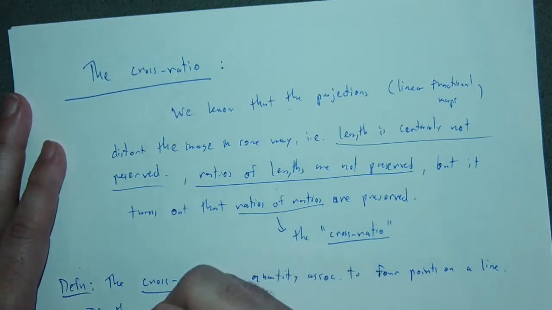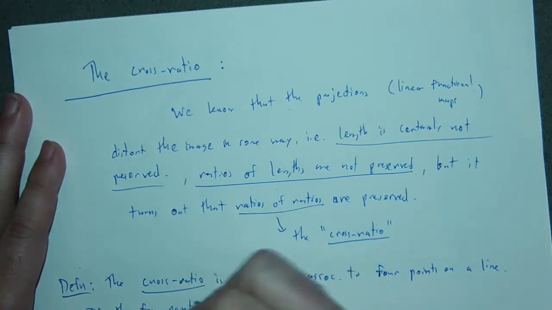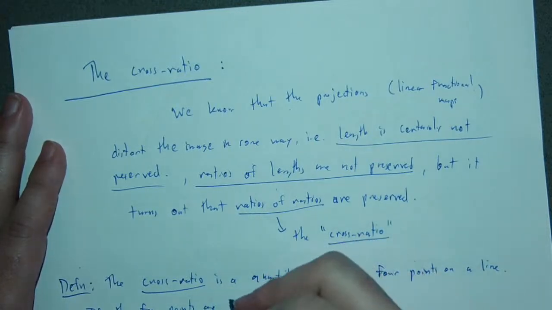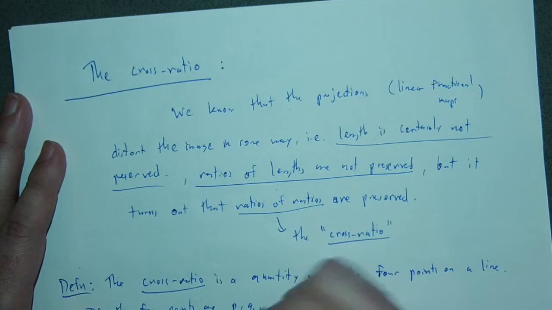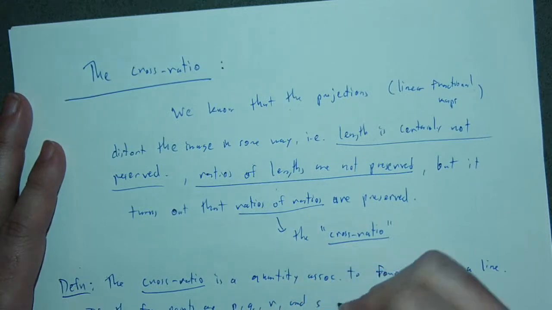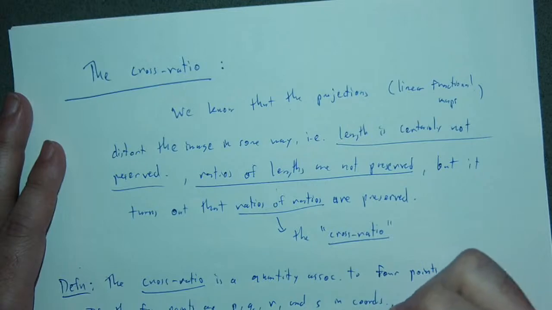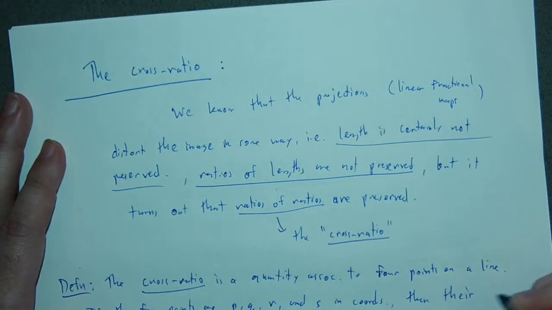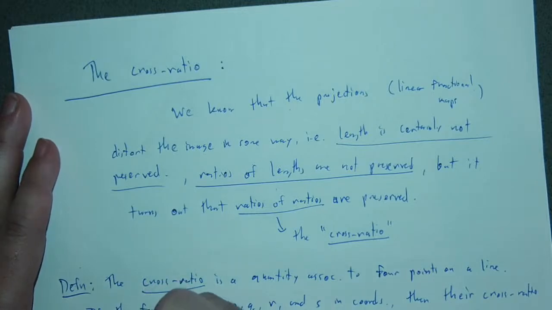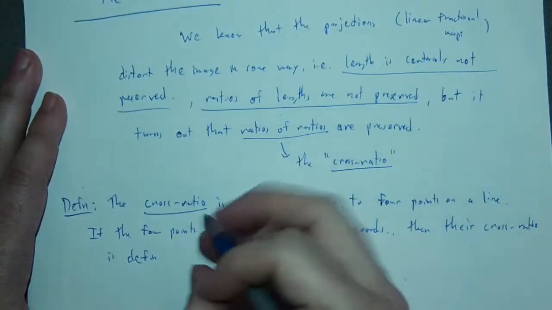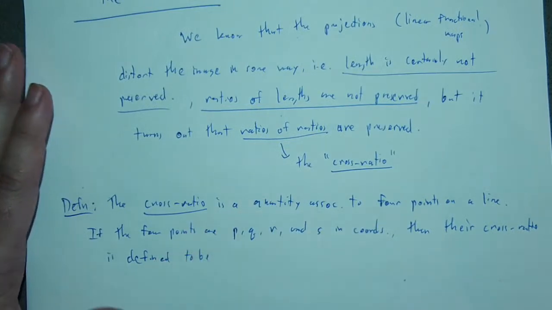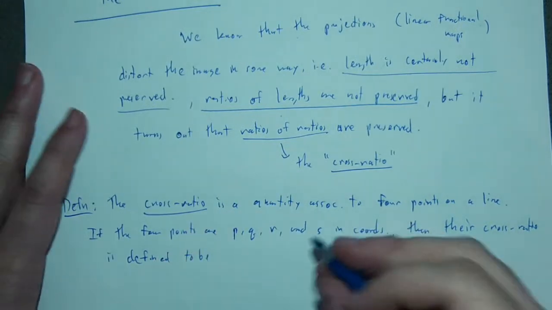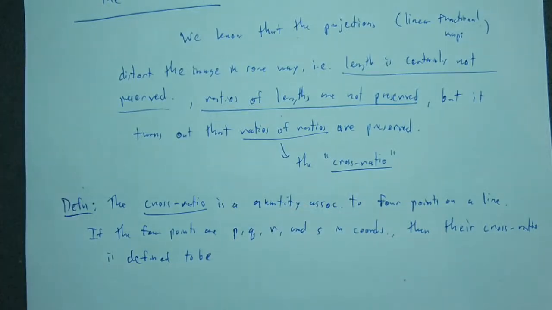So if the 4 points are P, Q, R, and S in coordinates, then their cross ratio is defined to be the following quantity that I'm going to write like this.